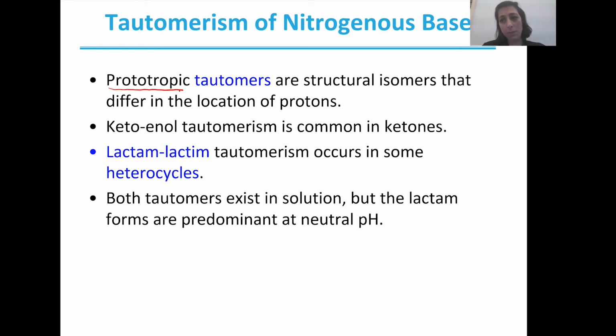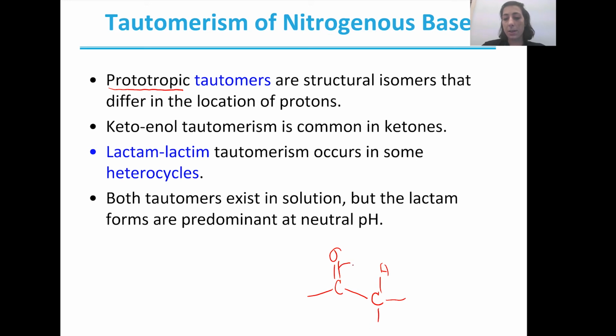One very common form of this type of tautomerism is the keto-enol. We've talked about this most likely in organic chemistry, where you have, for example, some ketone. Here's our ketone. It's attached to other stuff.